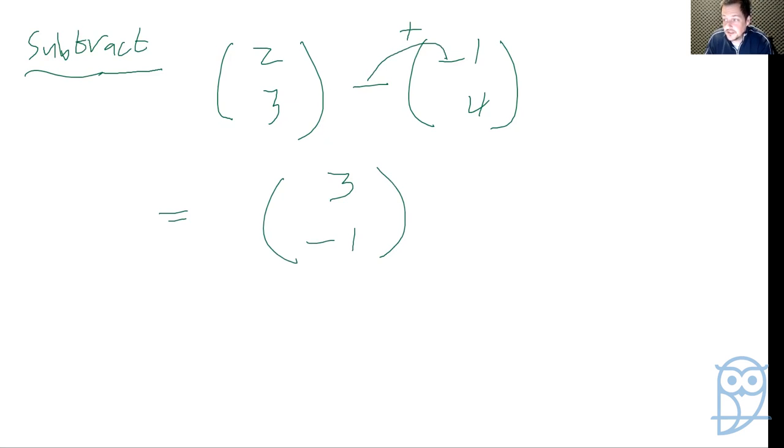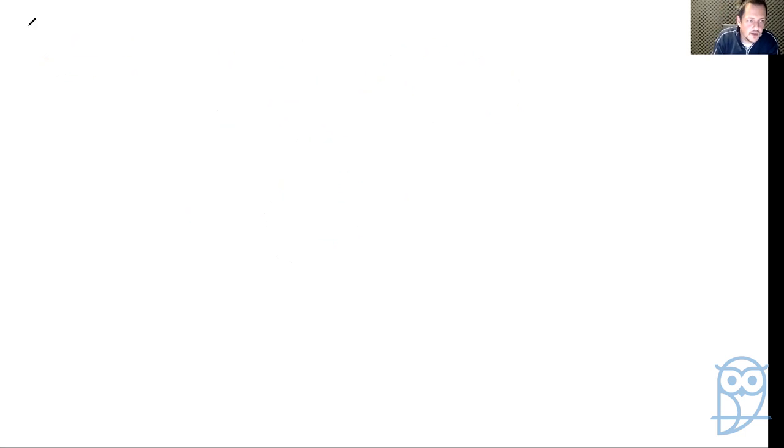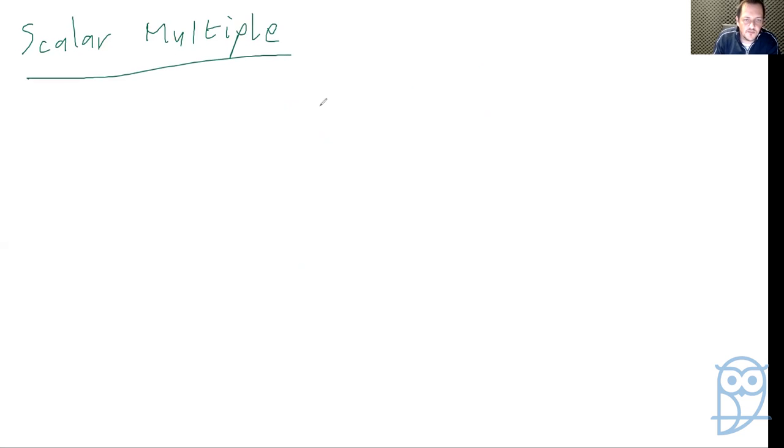Now nothing of great change or significance. Everything is totally the same. We also have our scalar multiple. If we have our vector 2, 3, and we want to multiply this by the number 4, just like with matrices, where you multiplied it to every component, in vectors you multiply it to every component.